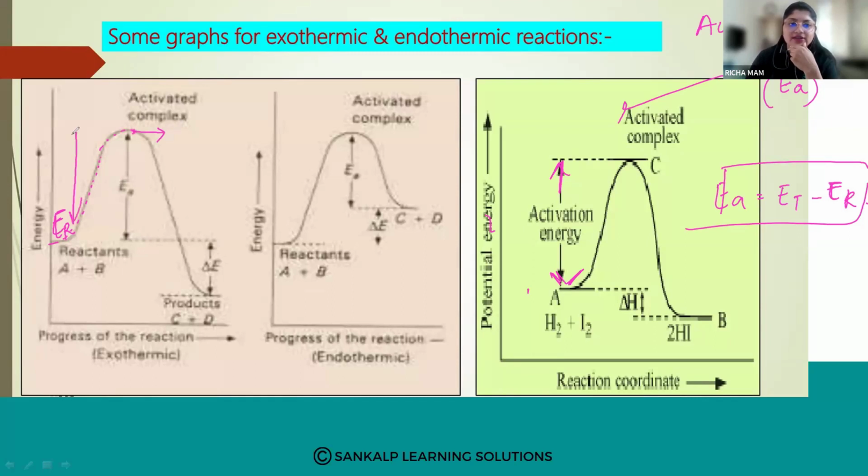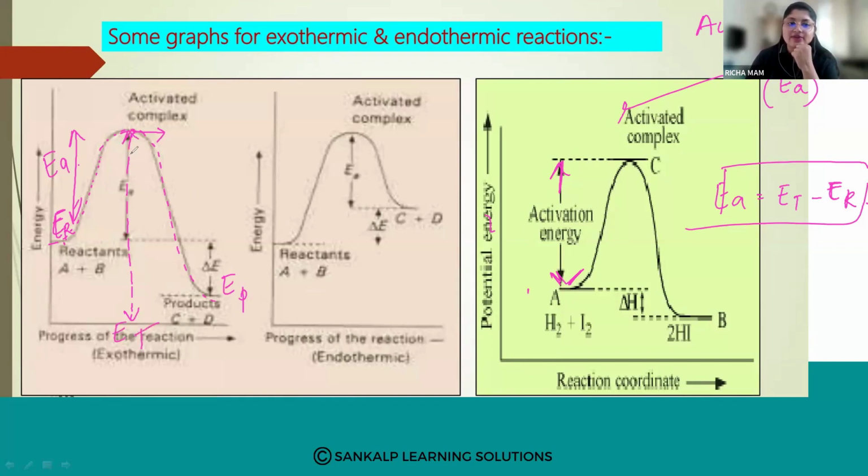So this energy is called the activation energy. Now the reactant is reacting and is going to form the product. So this is the product, this is the EP. This is the minimum energy the reactant should possess.